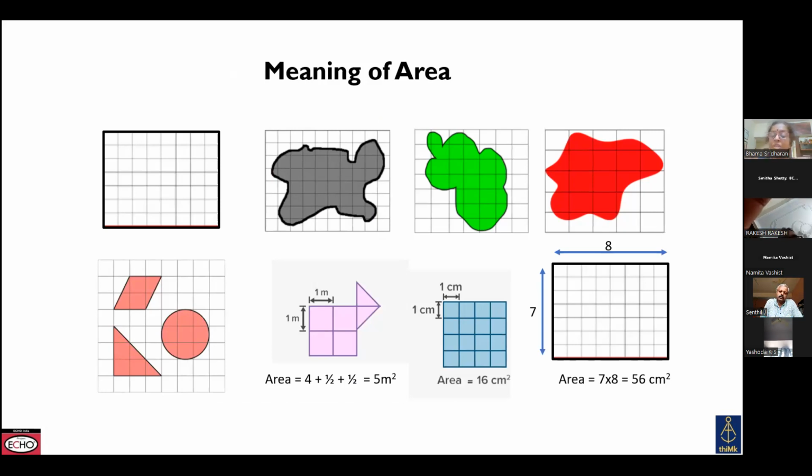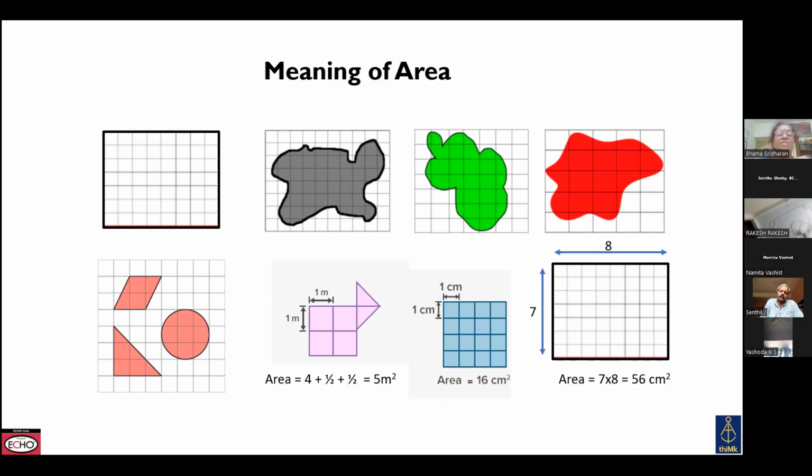This works for both regular and irregular shapes, and if it doesn't exactly come into one square, let them approximate it. Say this is half a square, this is a quarter of a square. So you add up the total number of squares and get an approximate area. Approximation is always good. They learn to approximate.